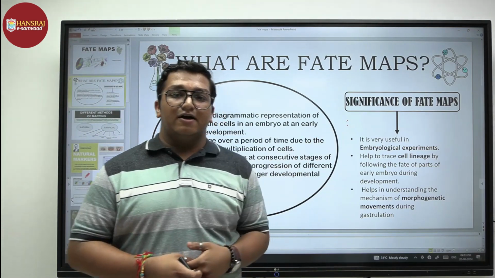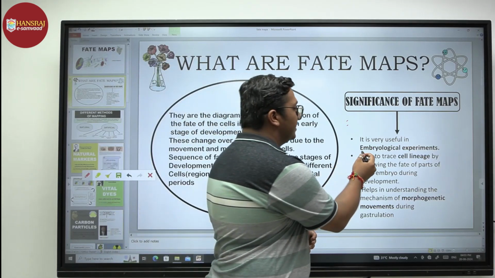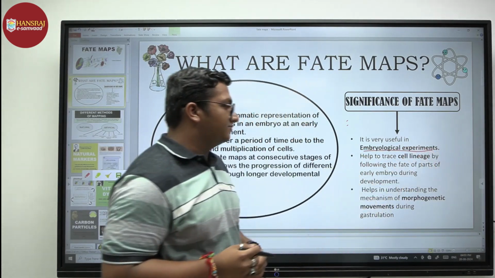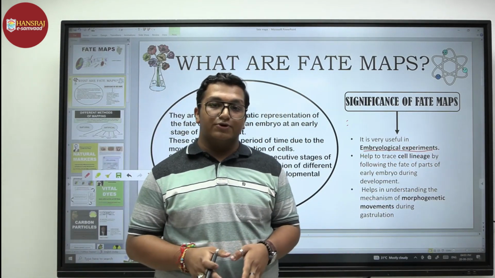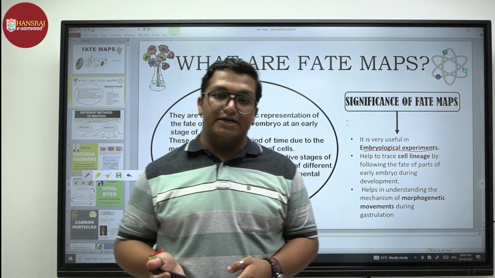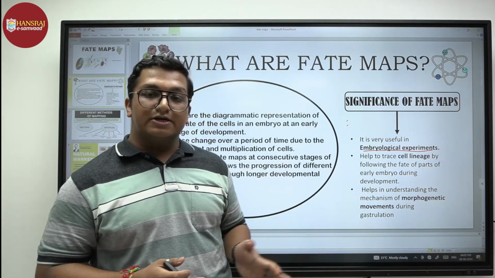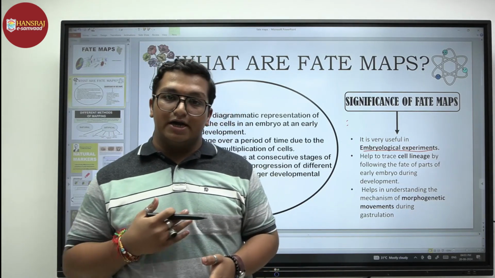Why do we study fate maps? What is the significance of studying fate maps? First of all, they are very useful in embryological experiments, and they help to trace the cell lineage, that a cell is giving rise to multiple cells, then a tissue, then an organ. So we'll know that this particular cell is going to form this organ in our body.